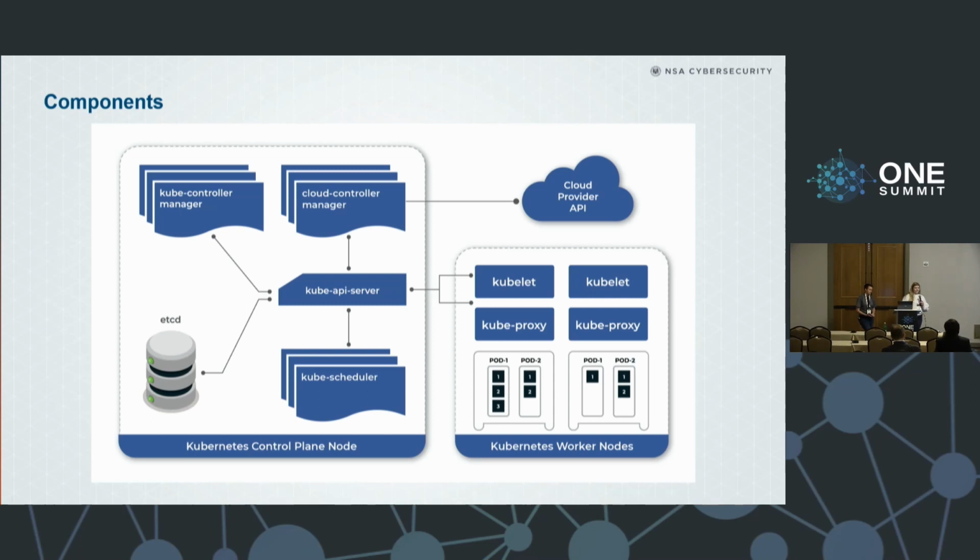Each of those deployments has security advantages and disadvantages that you should be aware of. When we think of attack goals for Kubernetes clusters, we're usually thinking of someone trying to get access to data or hijacking resources for things like cryptocurrency mining.